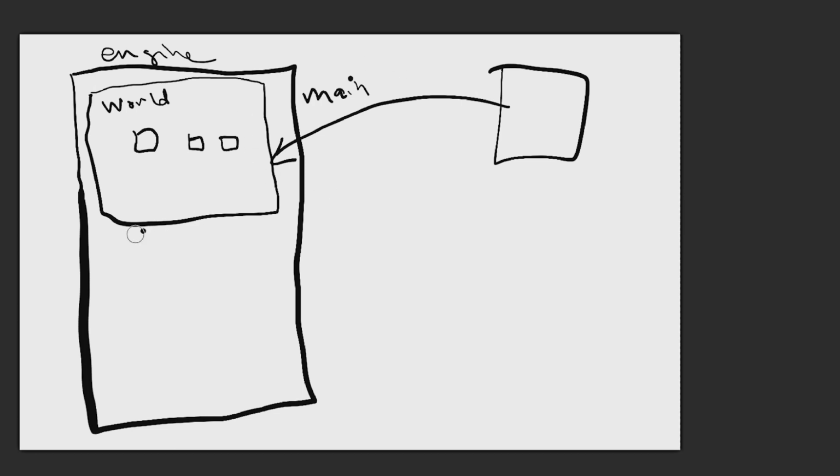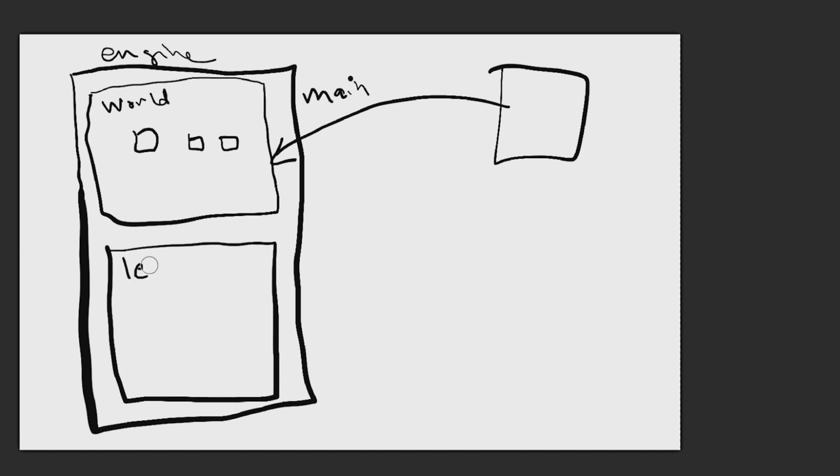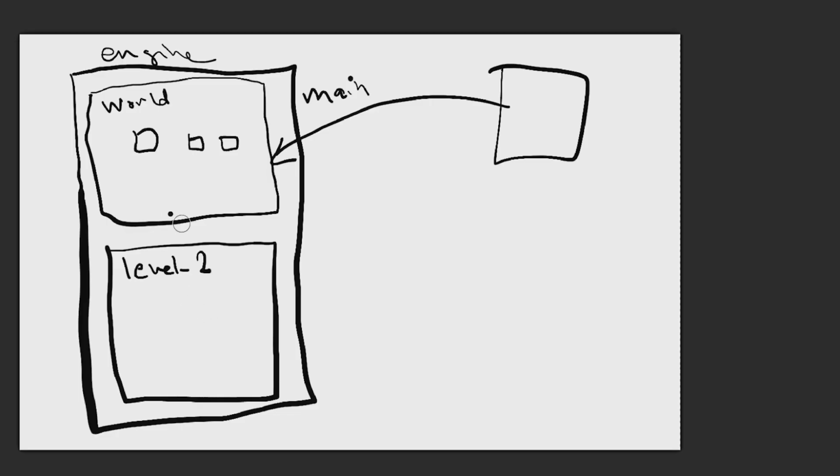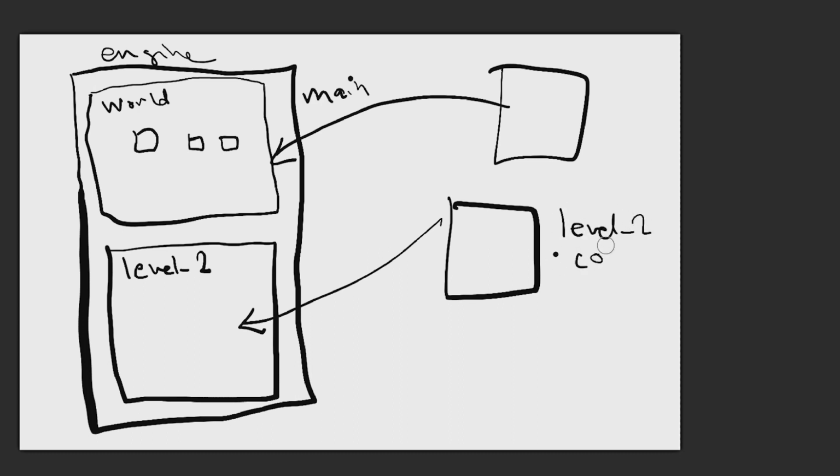However, it is possible to create additional worlds. So I can create another world. We're going multi-dimensions. Yes. And this has a cost, of course. Let's call this level 2 or something. And I can tell the engine to take a particular collection, let's call this level 2 collection, take everything that's inside here and instantiate that here and run it in a separate world.